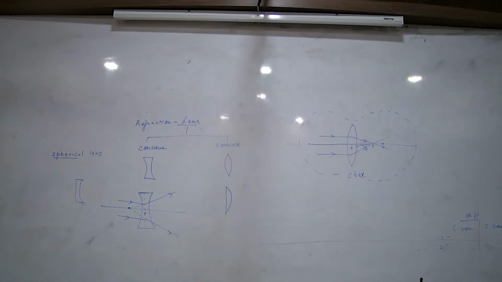An imaginary straight line passing through the 2 centers of curvature of a lens is called its principal axis. Did you underline? What is the principal axis? An imaginary line passing through O and also through F1 and F2.